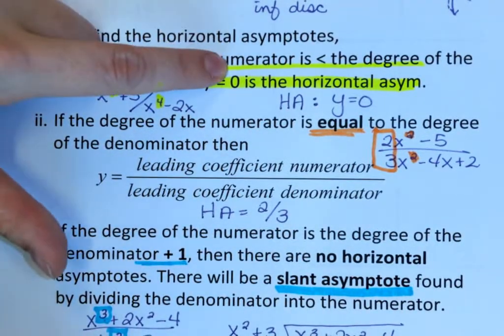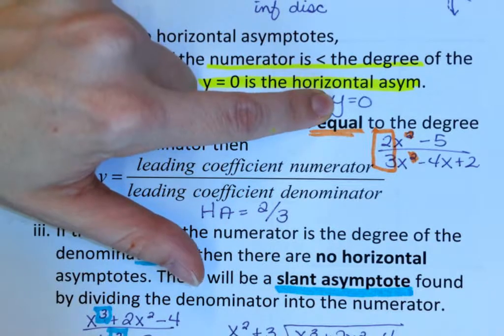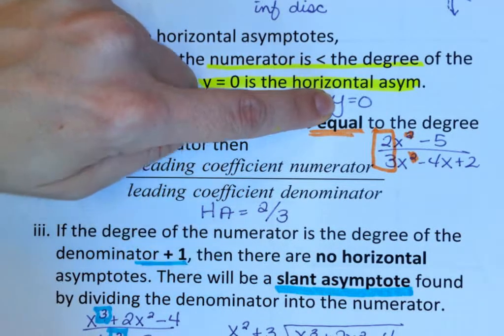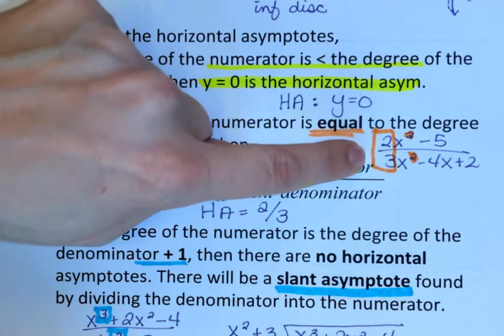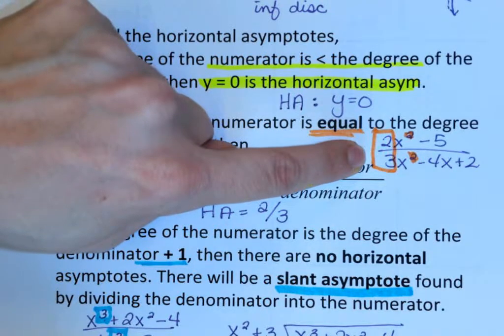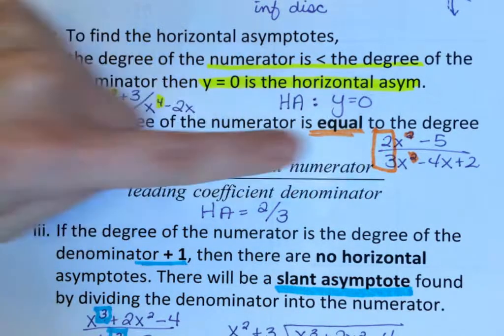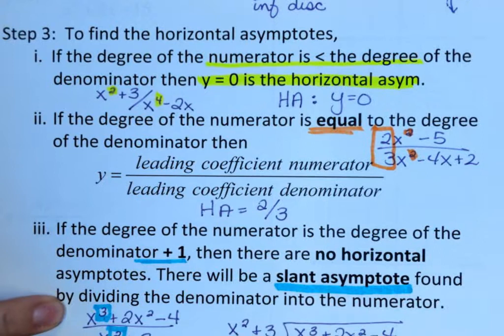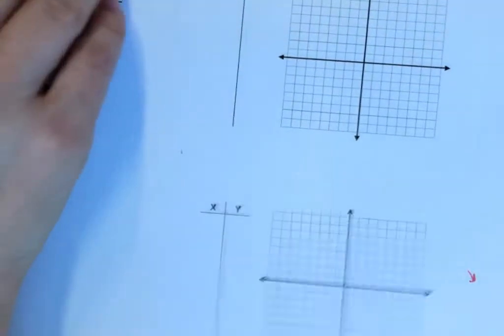If the top is less than the bottom, boom, just say y equals 0. That's your asymptote. If the top and bottom are equal, you take those coefficients. That's your asymptote. If the top is 1 more, that's the kind of annoying one. You've got to take a step further and divide. If it's more than 1, you don't have one. Okay? So let's try some problems.